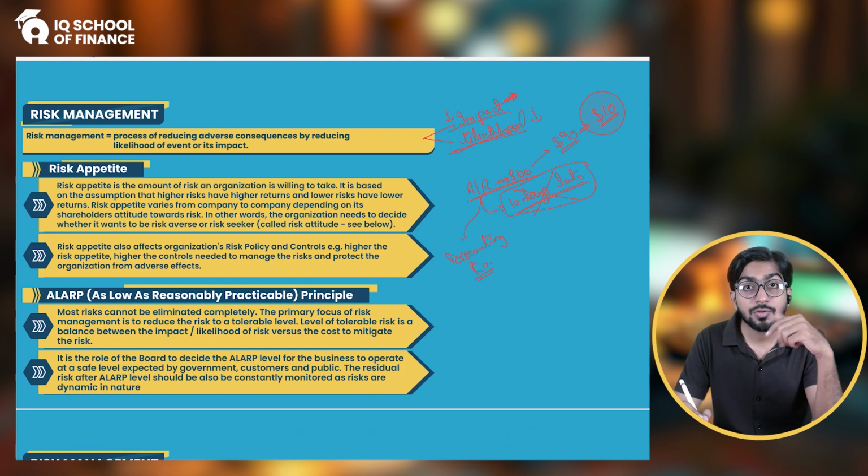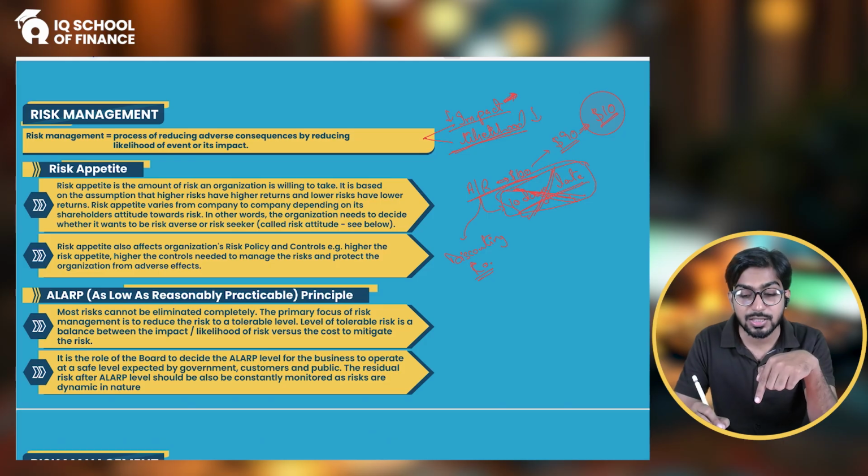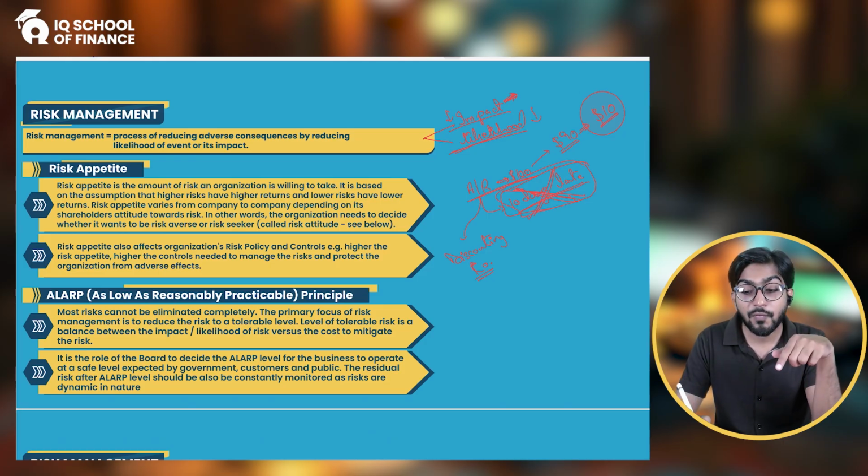That is how you do risk management: you analyze and evaluate the cost you need to pay in order to reduce the risk, the 10 days delay. If that cost is even bigger than the damage you are going to face because of the risk, then you say okay, we are not going to reduce the risk, we are going to accept the risk.